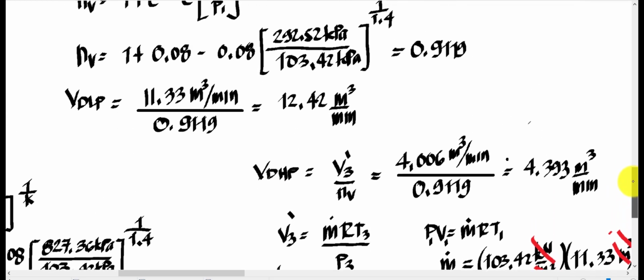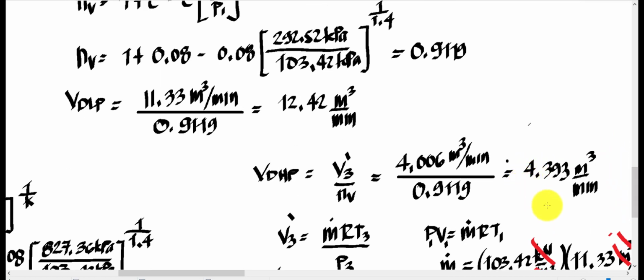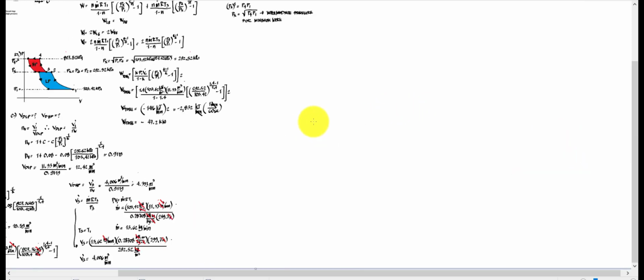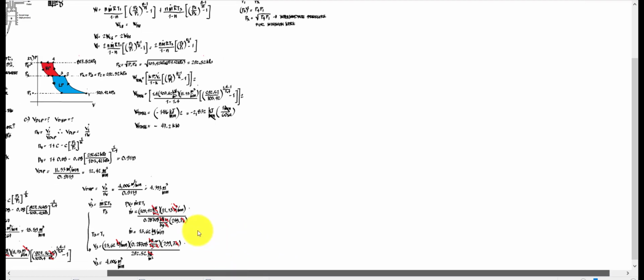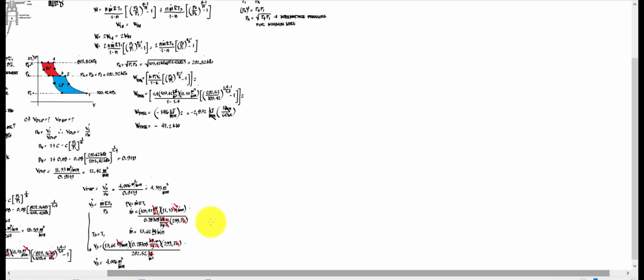Now, at the high stage, we have the volume displaced equivalent to 4.393. So let's take the overview of our solution. Okay, so that is the solution for letter C.